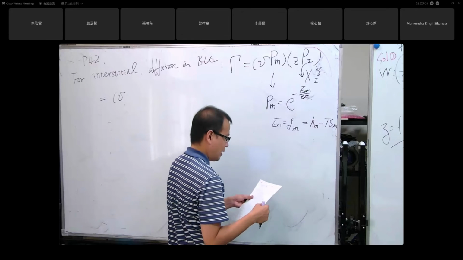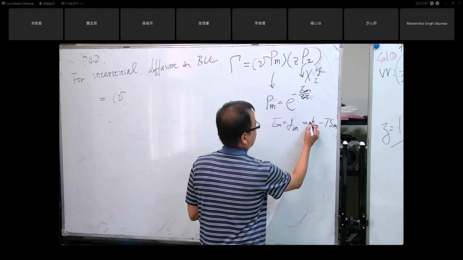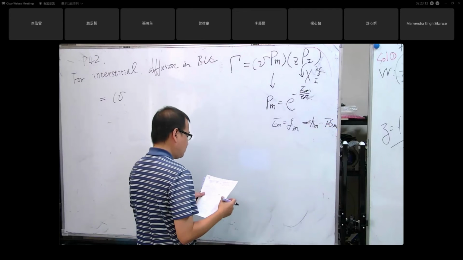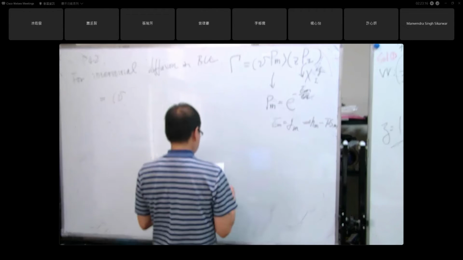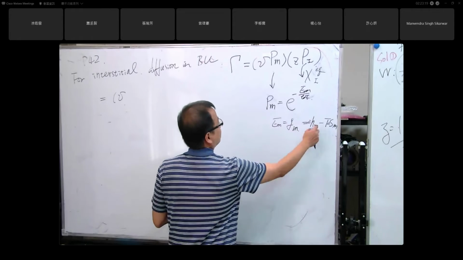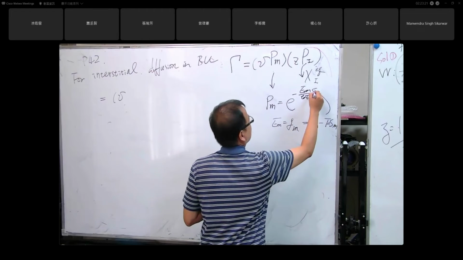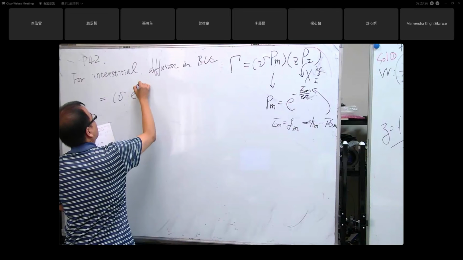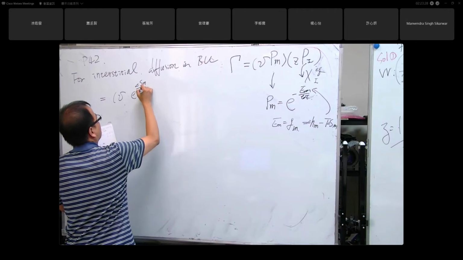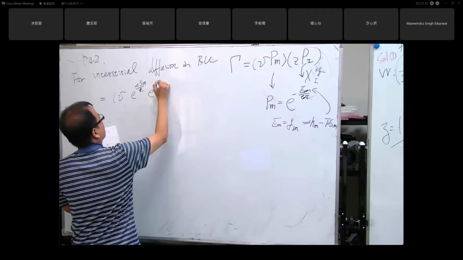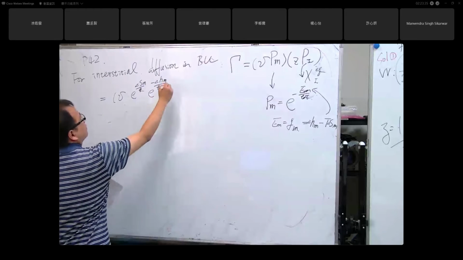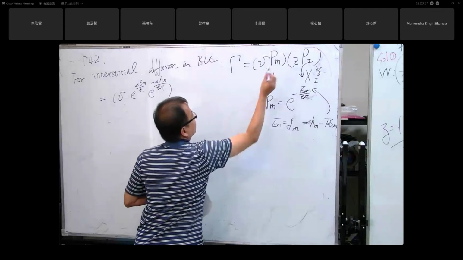Typically, people use delta. Okay, I will just write delta. And this is the general form of the migration energy. So let's look at it. We put this in, and then we have this one. So we finish with this part and we put this in.